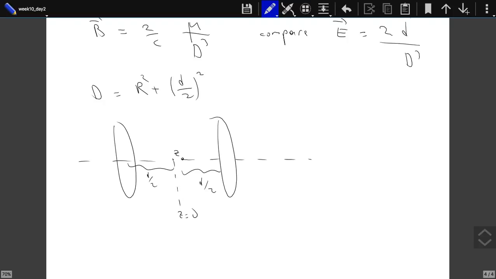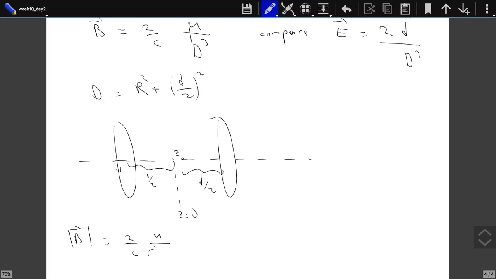Now I will need to modify it slightly. The total magnetic induction, the magnitude, let's say, this will be equal to 2 over c. Both rings have the same magnetic dipole moment. They are both pointing in the same direction.